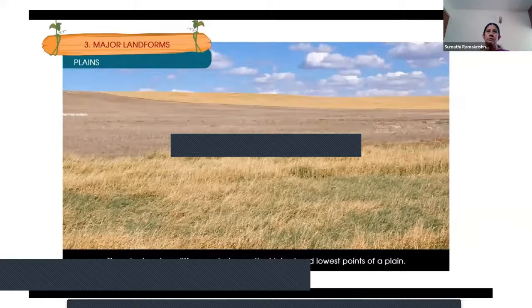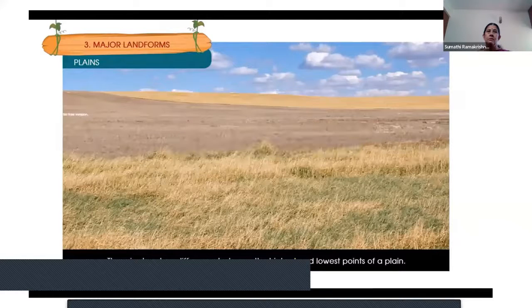Most of the plain areas in the world are formed by the rivers. The rivers carry soil and silt with them from the mountains and deposit them in the plains.